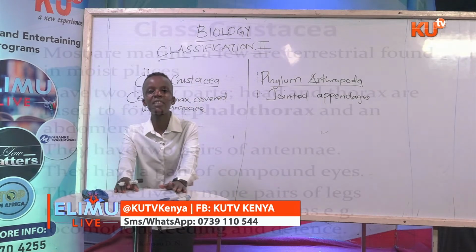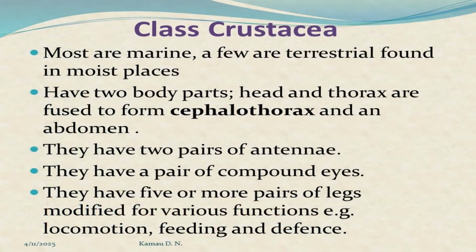And what makes them more special when we differentiate them from other classes is that they have 5 or more pairs of limbs. It means that these limbs are modified to do various functions, such as locomotion, feeding, and also defense.